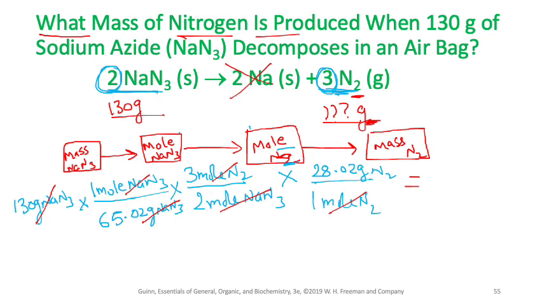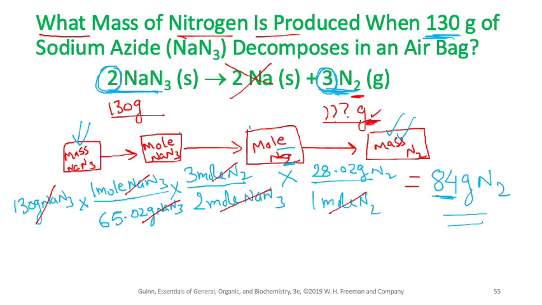And that's what we needed, grams of N2. So your final answer is going to be around 84 grams of N2. We started with a 2 sig fig number, 130, and you end with a 2 sig fig number, 84 grams. So this is how you solve the problem, from mass to mass, right?